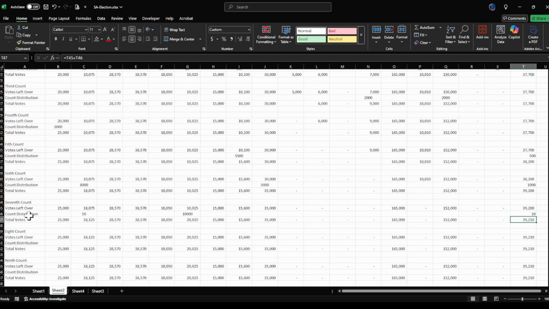Right, so we're now on the 7th count, and at the moment we still do not have anybody who's getting close to the number. So we go back through and we look again. So we have 25,000, 18,000, 28, 38, 10,050, 20, 15, 15, 35, 165. Okay, so it looks like this is the group that goes next. So we'll take out that 10,050 votes.